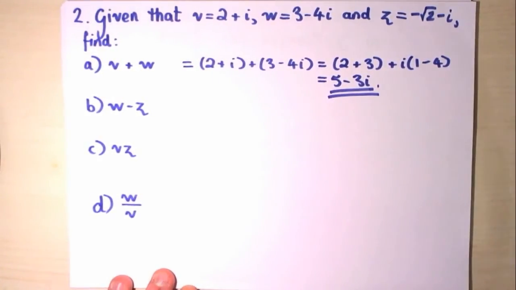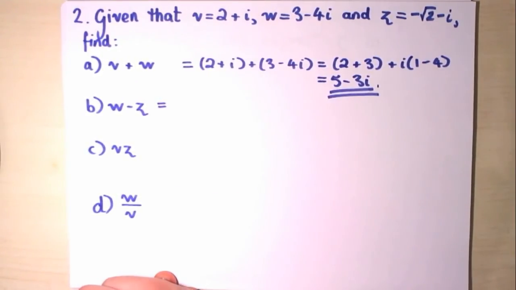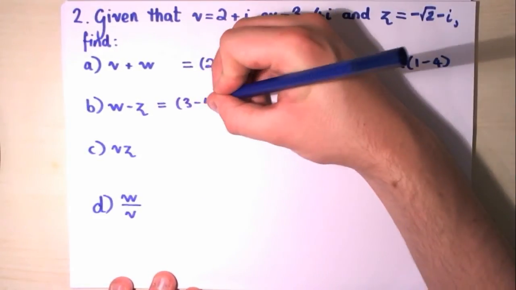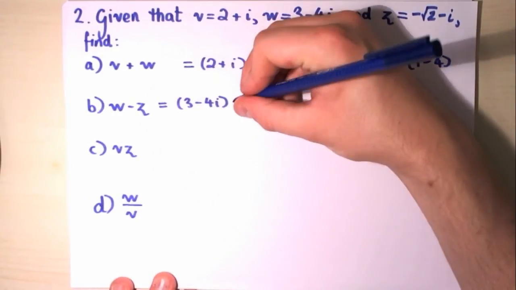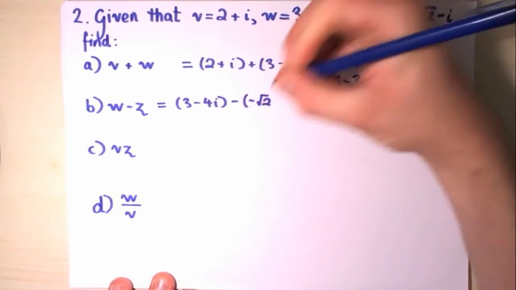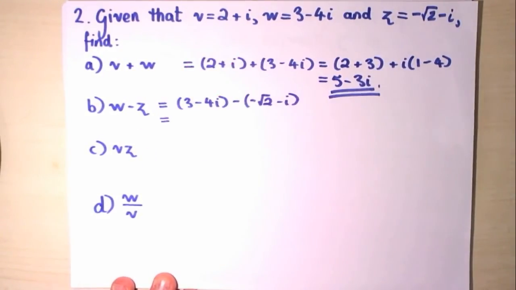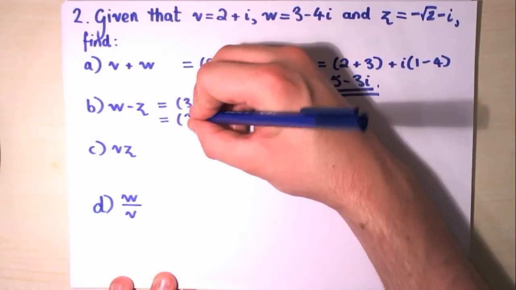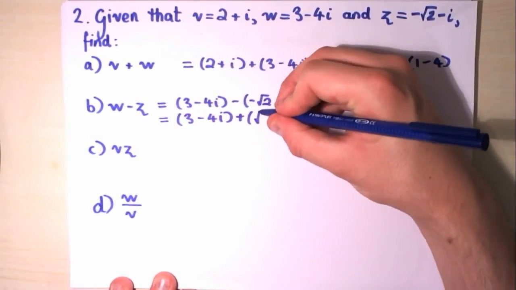Okay. Part b is very similar. We're just subtracting this time, and we do something pretty much identical with 3 minus 4i minus, and then minus root 2 minus i. What we can immediately do is change the minus into a plus and change the sign of everything inside this second bracket, giving us 3 minus 4i plus root 2 plus i.